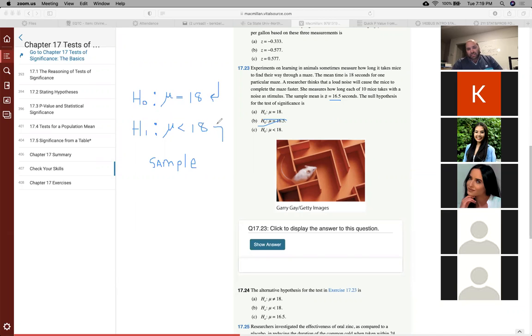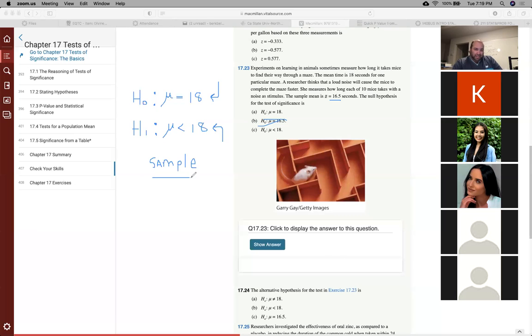This one is, could it be this instead? She thinks that it's going to go down. Does it? Let's test what it's been until now versus what another option might be.